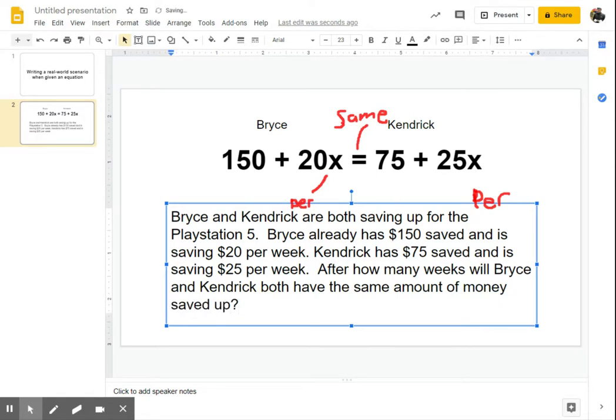Remember, whenever we're looking at a word problem, your last question will always state what your variable represents. After how many weeks? We don't know the number of weeks. That's our variable. That's our x. So after how many weeks will Bryce and Kendrick both have the same, because it's an equation, Bryce has to be equal to Kendrick, or the same. So after how many weeks will Bryce and Kendrick both have the same amount of money saved?